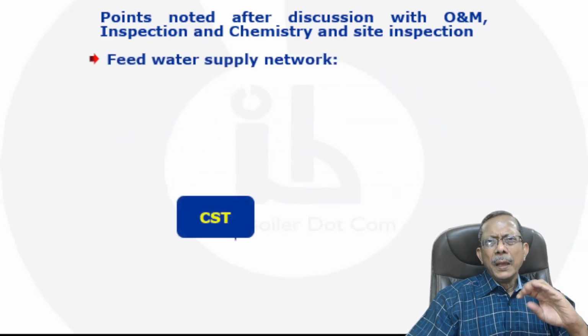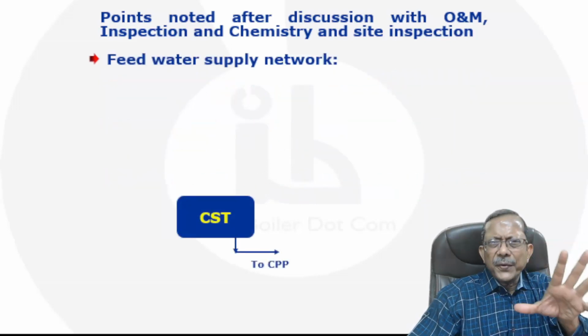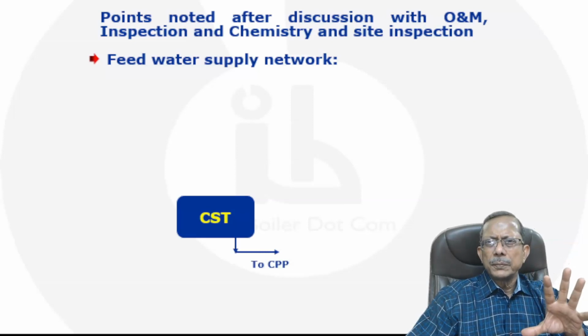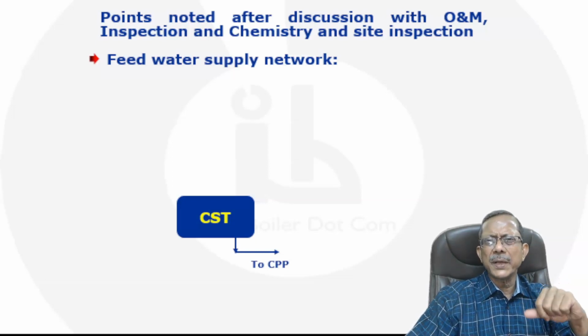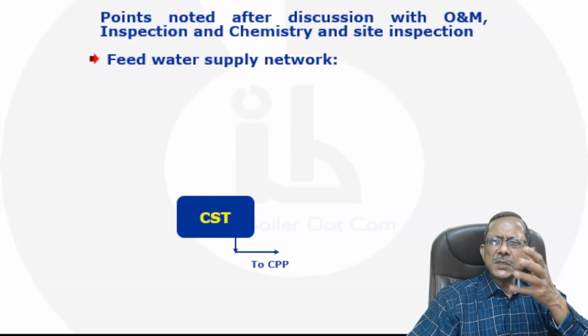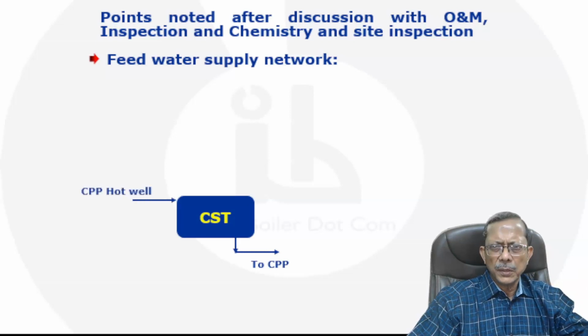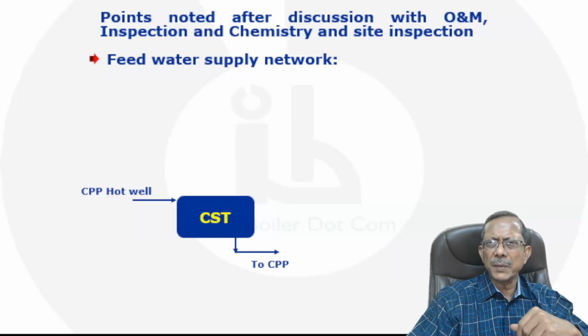Okay. Now, if you see the feed water supply network, because I have to find out from where the copper, zinc and hardness are coming. They are getting the feed water from a condensate storage tank, CST. Now, this CST is getting water from various places. One is the CPP hot well, where condensate comes back directly, right?